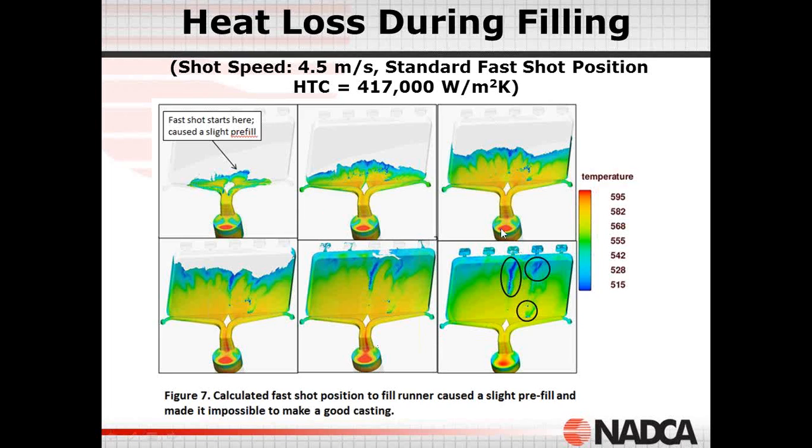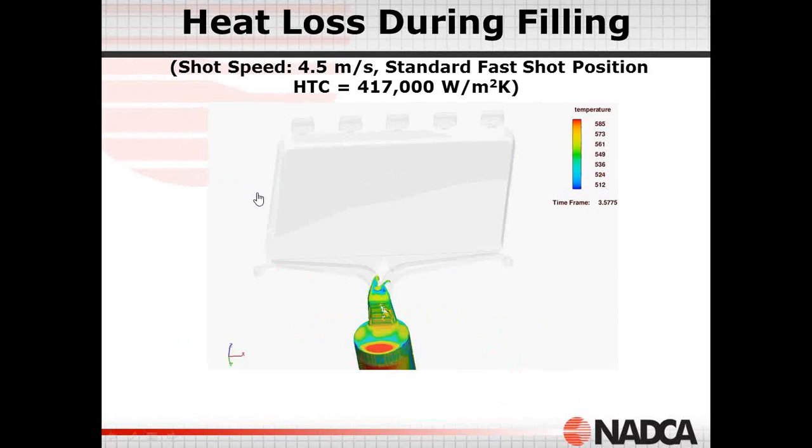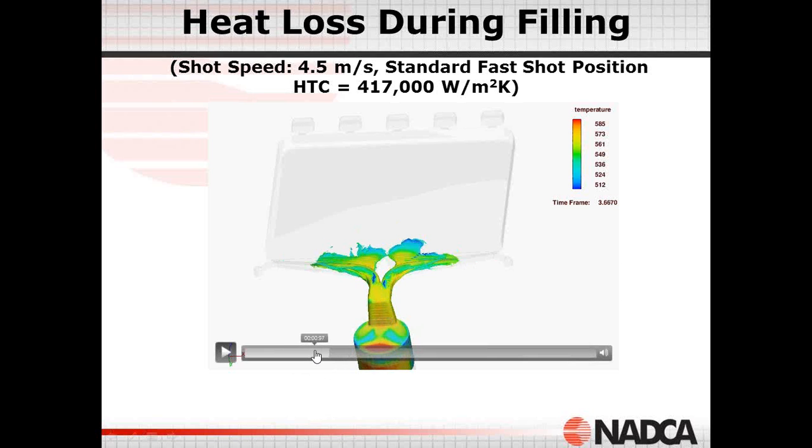What we found with the tangential gate is that the shape and geometry of the gate is designed so that it always introduces material into the cavity before filling the runner, and therefore we always get a pre-fill condition, and that is the reason why it's not possible to make a good casting with the tangential gate.